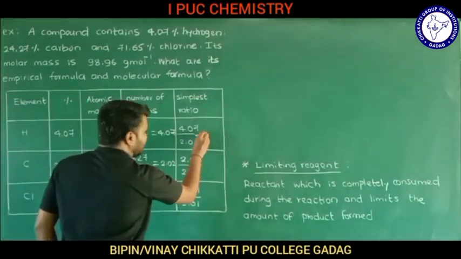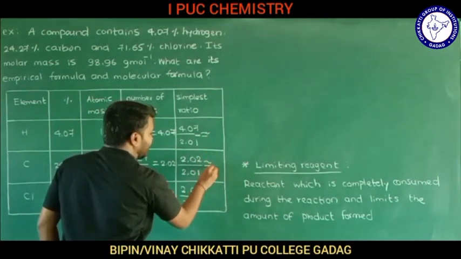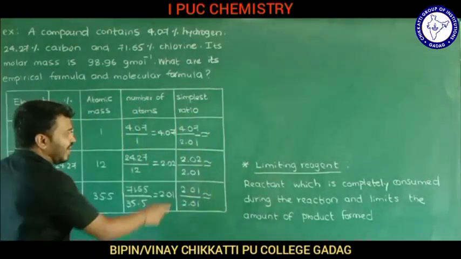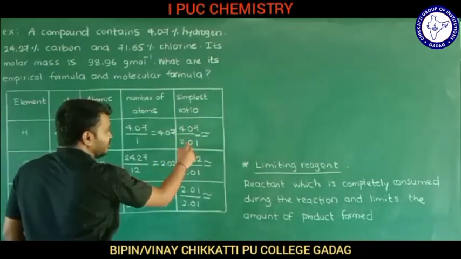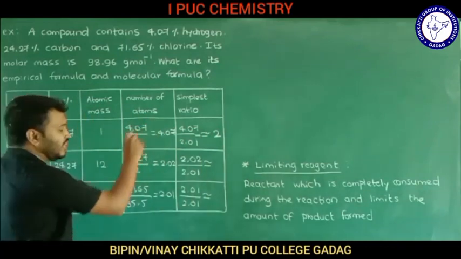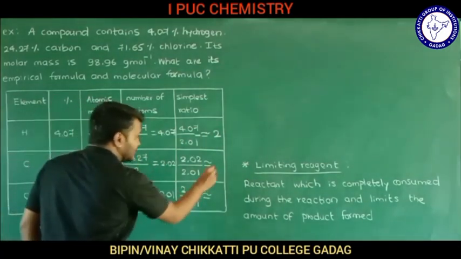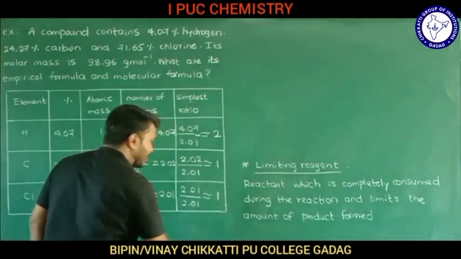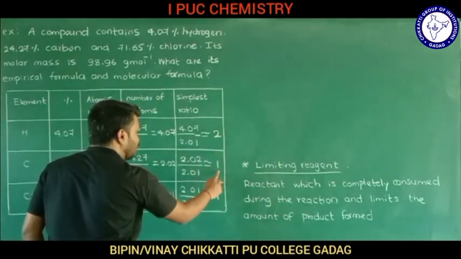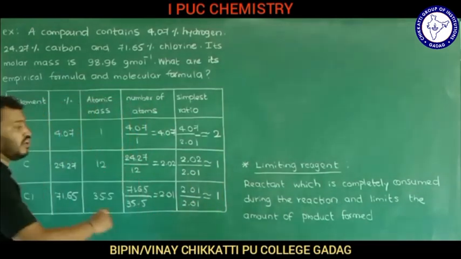So now you can write the nearly equal number, because simplest ratio is what we need. One can easily guess, 4.07 divided by 2.01, the nearly equal 2 point something, and in this case we are going to get actually 1, and in this case also 1. So what is the simplest ratio we got? 2:1:1, the simplest ratio we got.